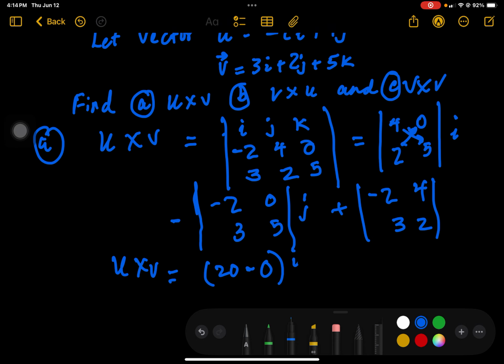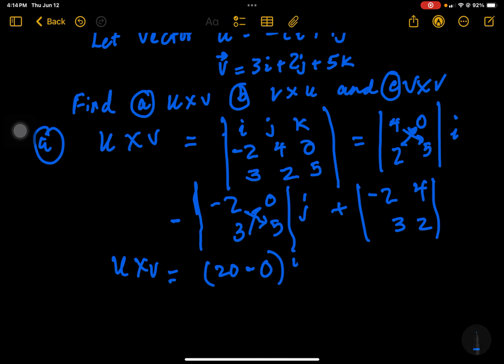For the j component, it is minus 2 times 5 plus 3 times 0, which is 0 itself. And this is the j component. I forgot to write a k here.